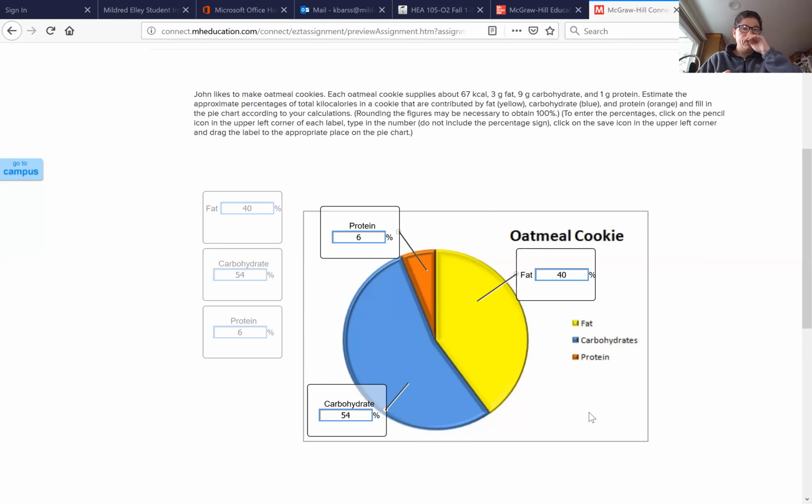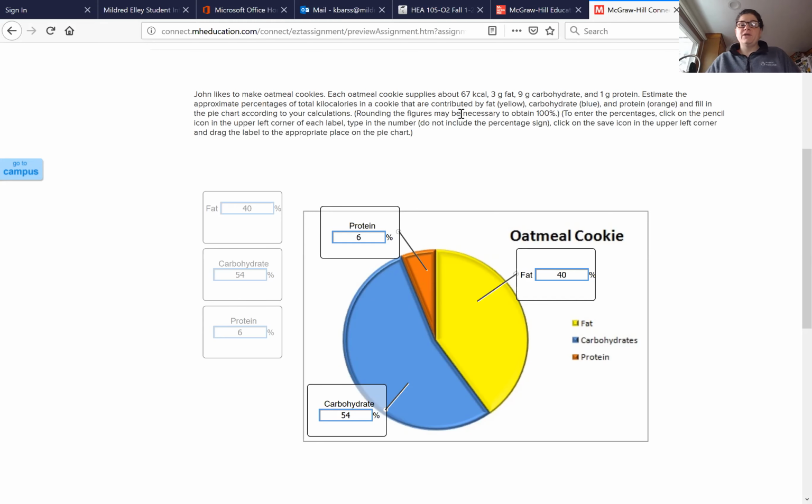The cookie provides 67 kilocalories. Normally we would say calories, but when we look at the actual science of nutrition and food, the unit is kilocalories, abbreviated kcal. So it awards him 67 kilocalories total for his cookie.